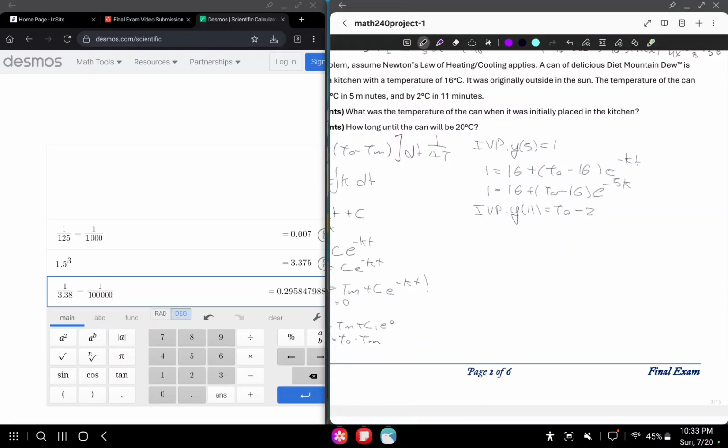So T0 minus 1, T0 minus 2, is equal to 16 plus (T0 minus 16) e to the negative 11k.